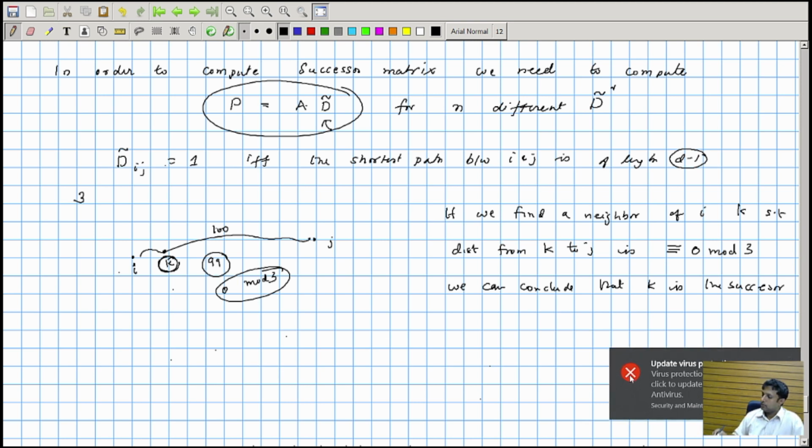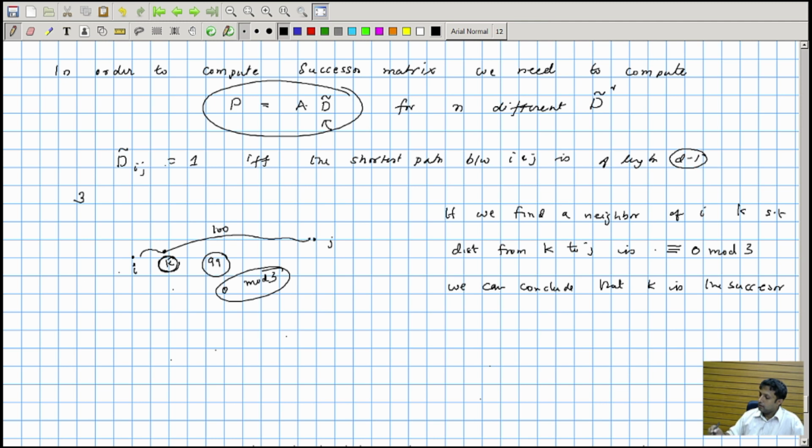Why is this so? If you compute the distance and the mod 3 value, if it is 1, then it has to be either 100 or 103 and so on, or 97 and so on, and none of those can be neighbors of i. So the shortest distance from the neighbors of i to j has to lie between 101 and 99.